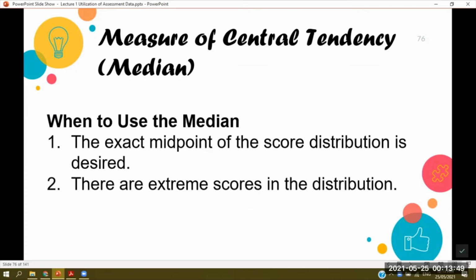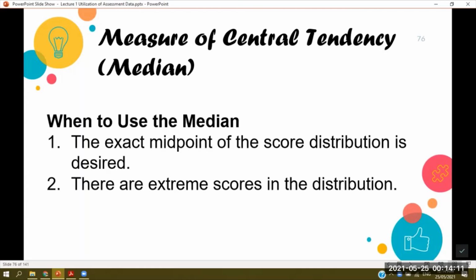If there are extreme scores, they could actually affect your interpretation later. It could affect the whole process. That is why if there are a lot of extreme scores in the distribution, you might opt to use the other measure of central tendency, and that is the median.